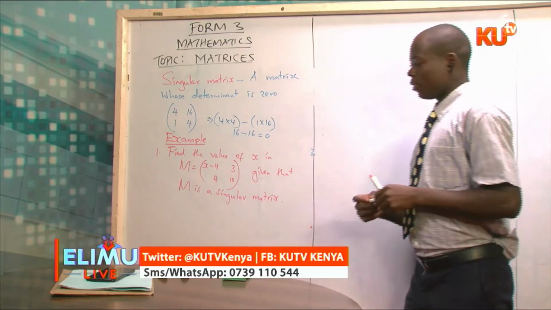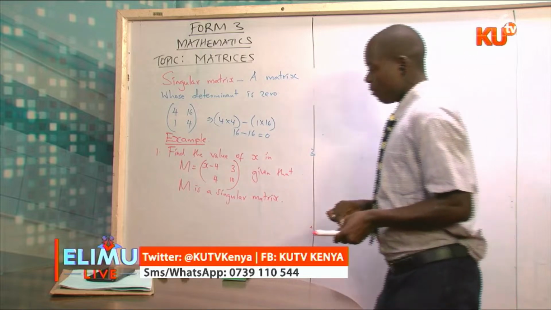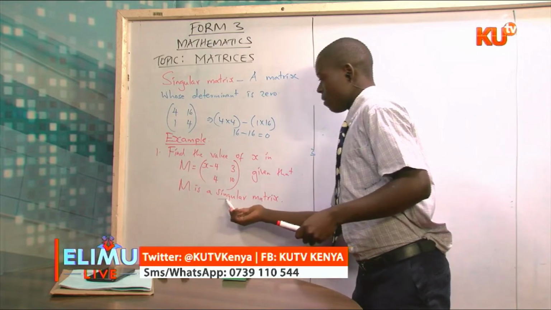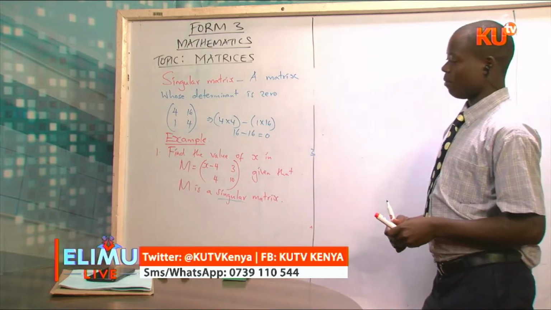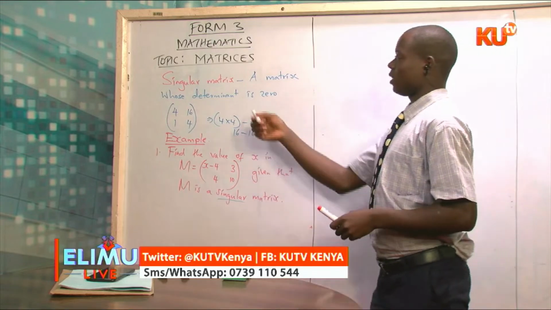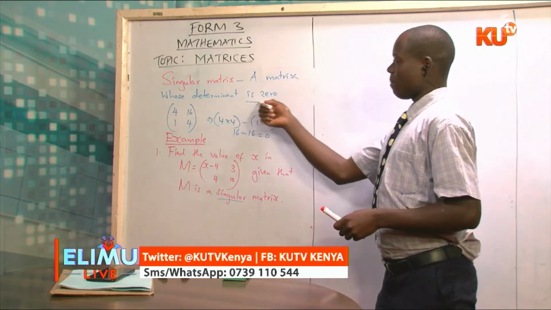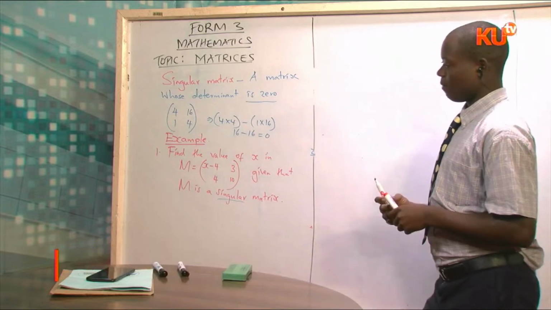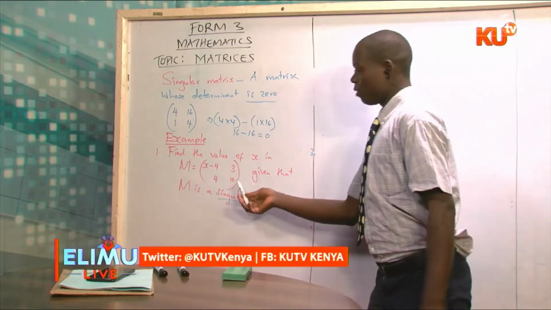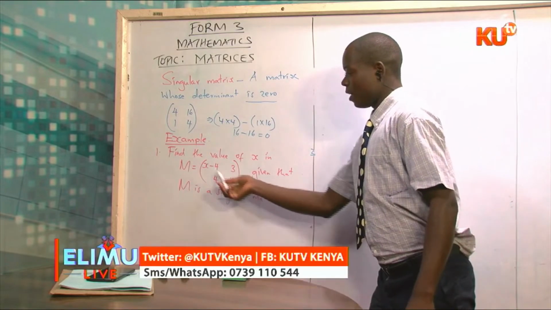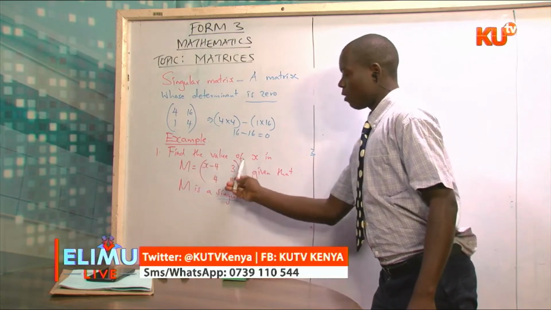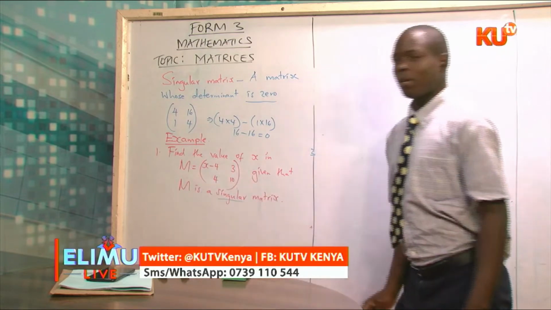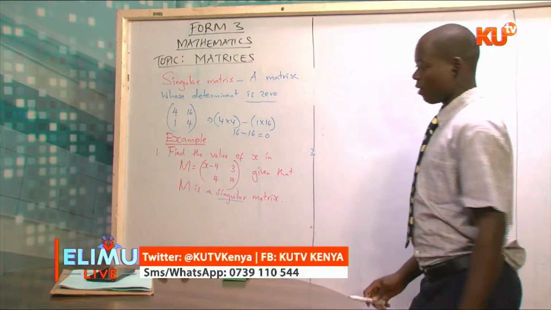The word singular should not make you run away from this example. We've already explained what a singular matrix is. The determinant is 0. Therefore, what you only need to know is how do you get the determinant? You get the products of elements in the leading diagonal minus the products of elements in the other diagonal.